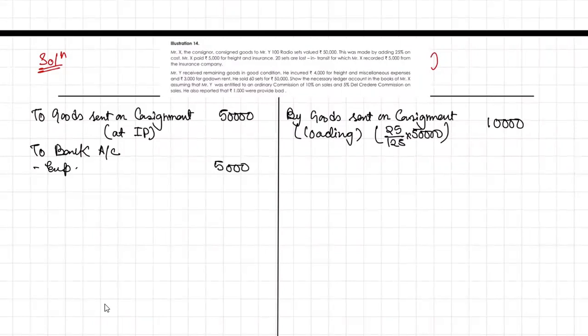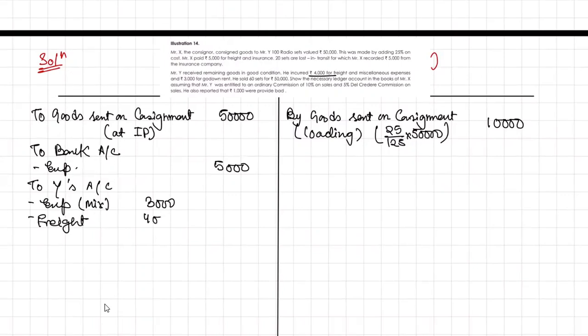Okay. Now Y has done some expenses, 4,000 on freight and miscellaneous expense. So to Y's account, expenses which are miscellaneous are of 3,000 and freight is of 4,000.